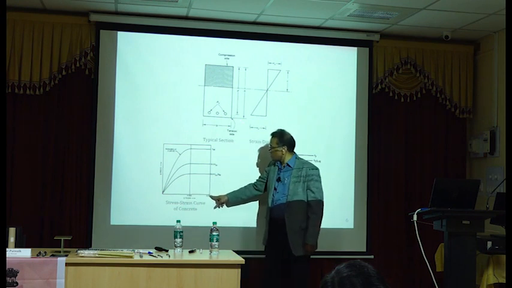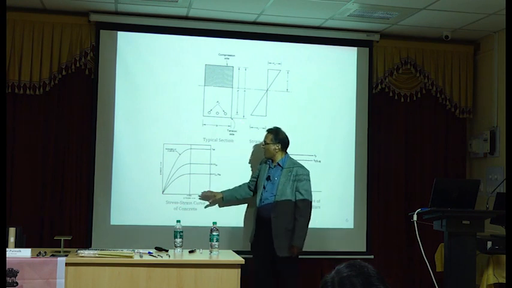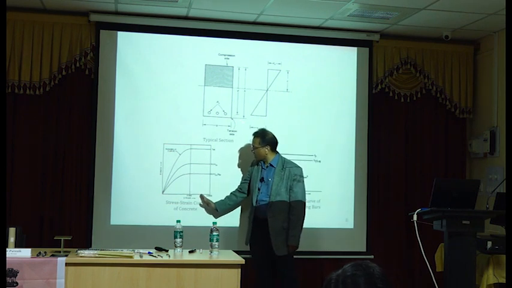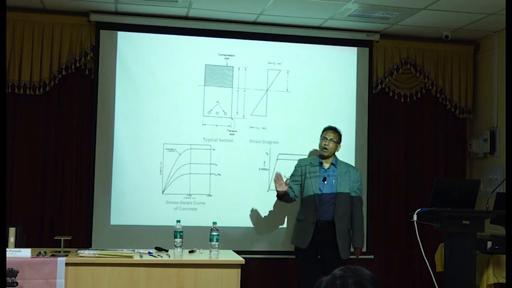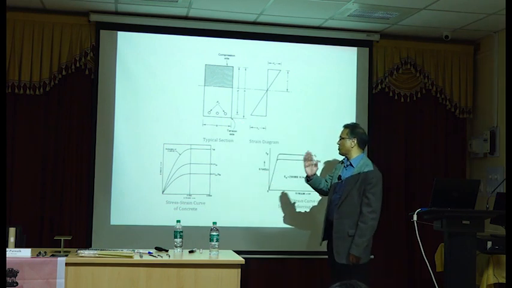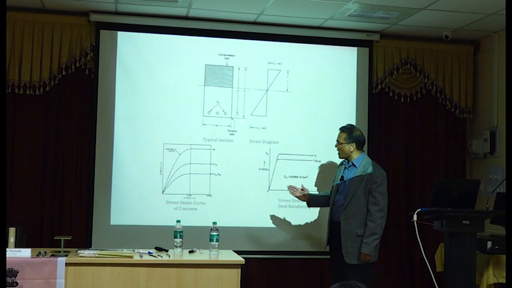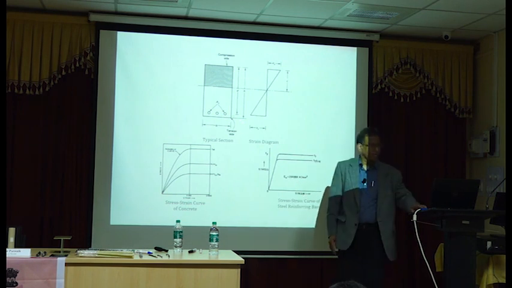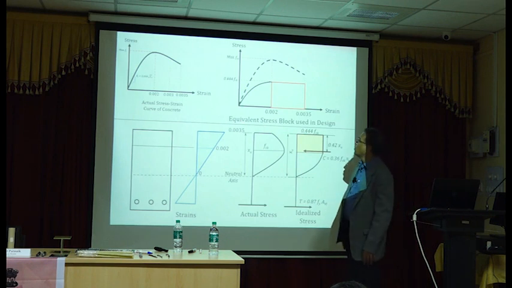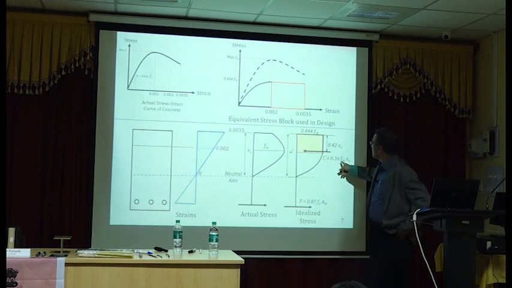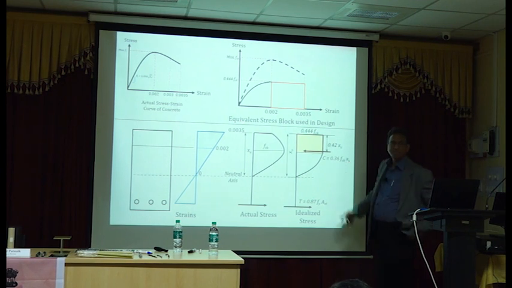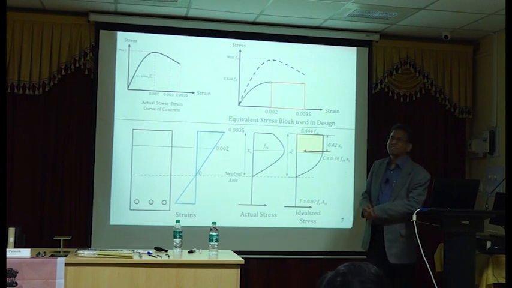If my strain is 0.0035, then I have all the parameters. So if my strain is less than 0.0035, it can be less than 0.002 or between 0.002 and 0.0035. In that case, will the total force still be 0.36 FCK XU? Will it be or won't it be?